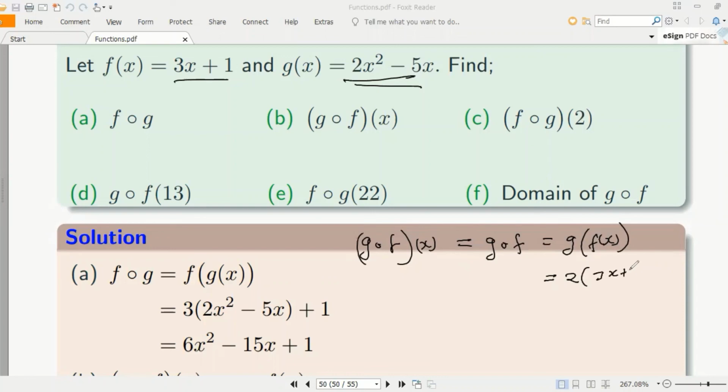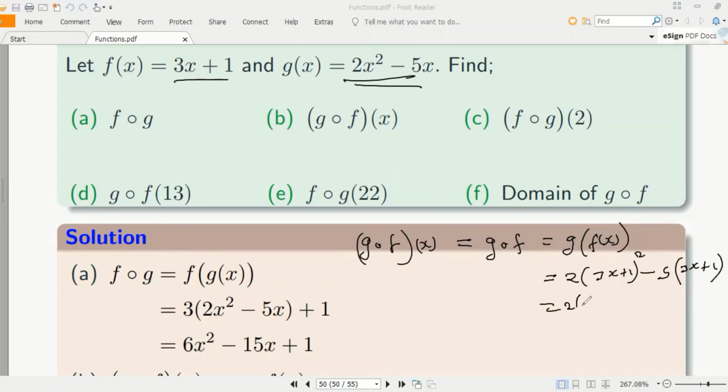F of X is 3x plus 1, and it was squared. Then minus 5, where there is x, F of X is 3x plus 1. And you know how to expand this.